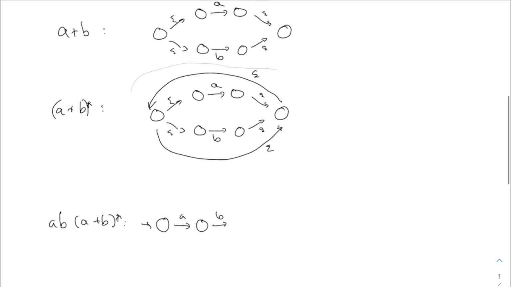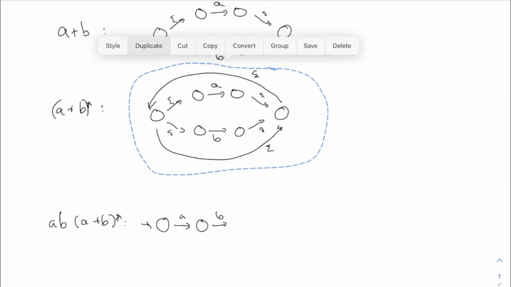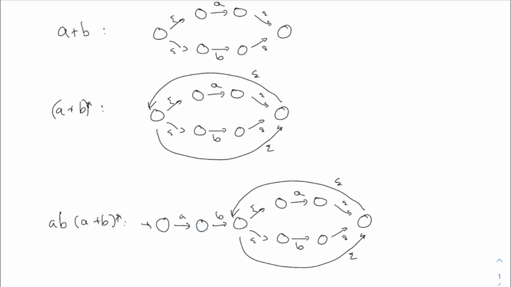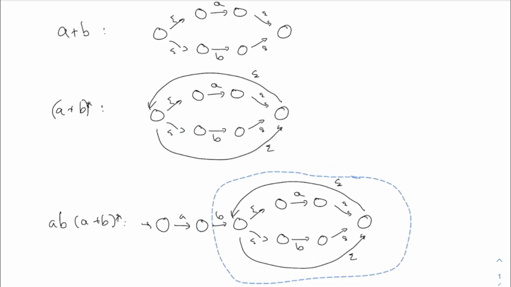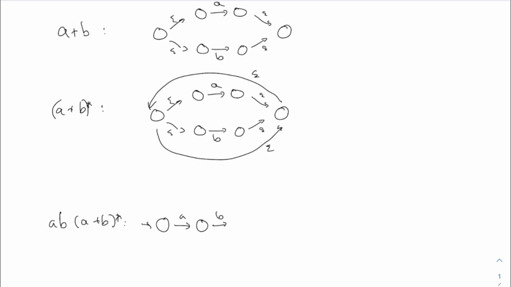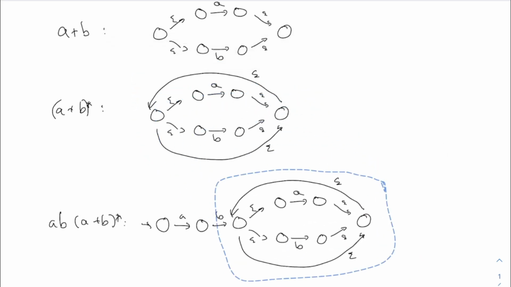So now I'm going to copy this bit right here. Oh, I deleted it. Sorry. Right there. And this last guy should be the final accepting state. That's it. A plus B star.